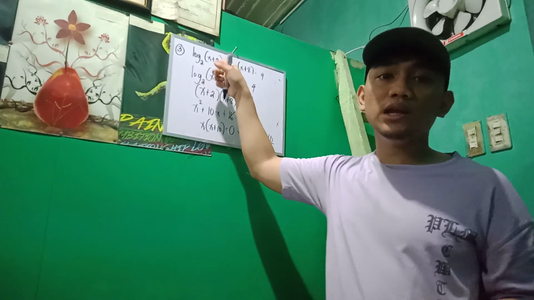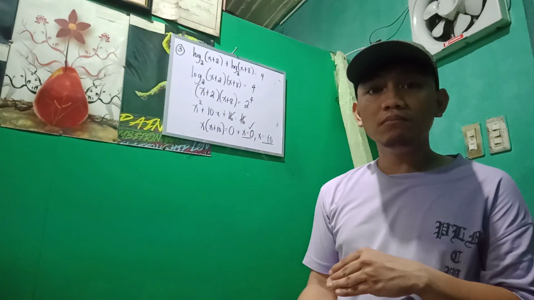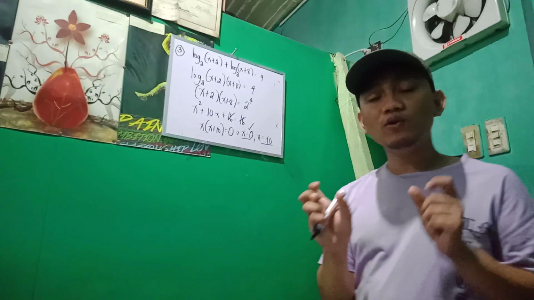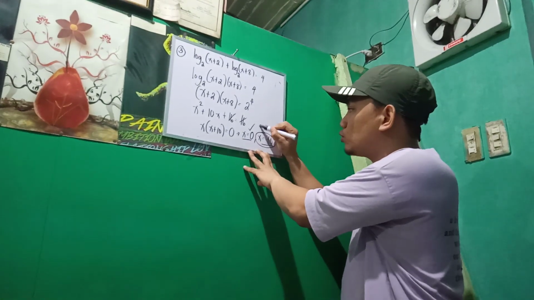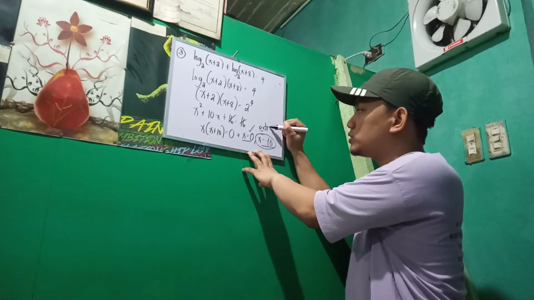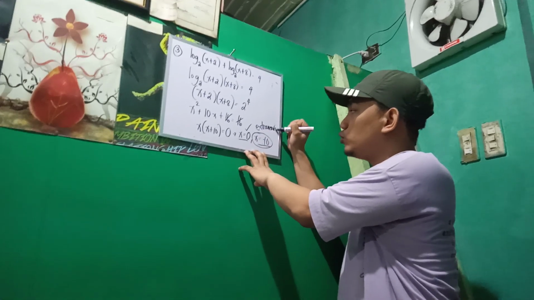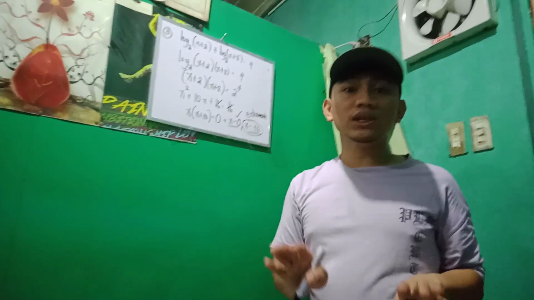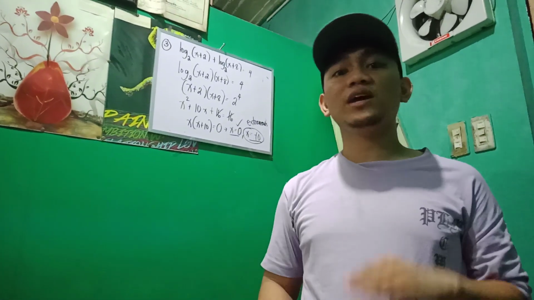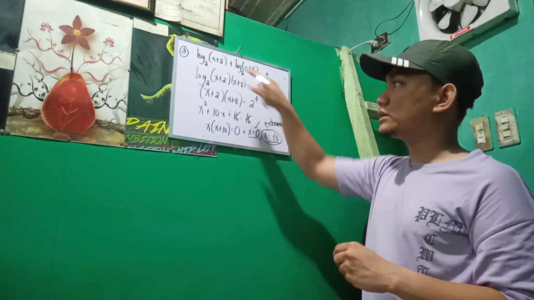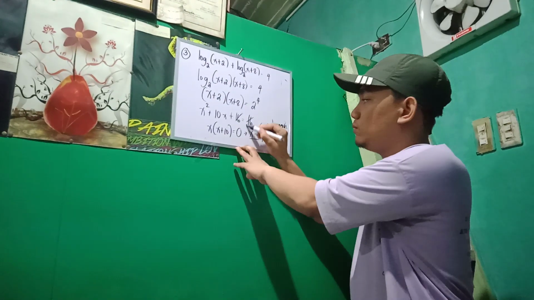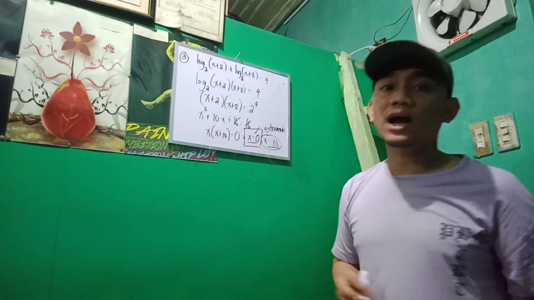Diba, sinabi ko kanina, bawal yung logarithm ng negative. Diba? So, kung bawal yung logarithm ng negative, yung negative 10 is an extraneous root. Ulitin ko, ano yung extraneous root? Ito yung nakuha nating root dun sa computation natin pero hindi siya magsasatisfy dun sa given equation. Okay? So, therefore, ang sagot dito is just x is equal to 0 lang.